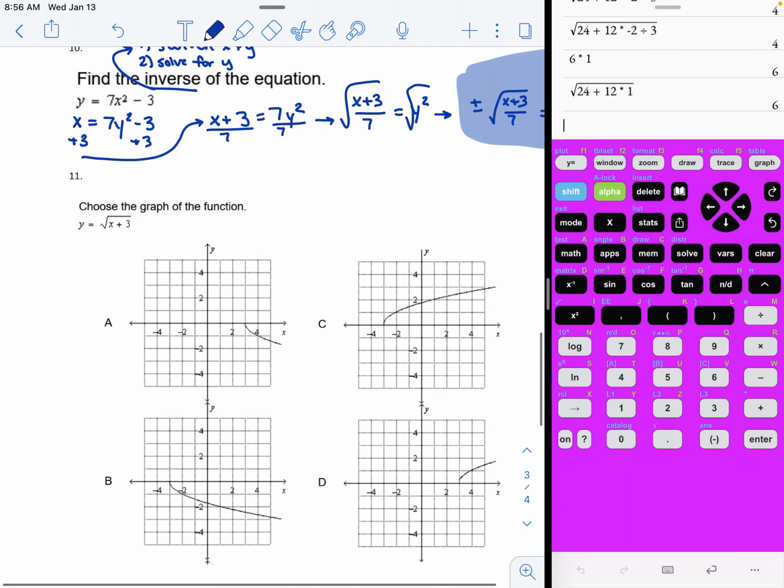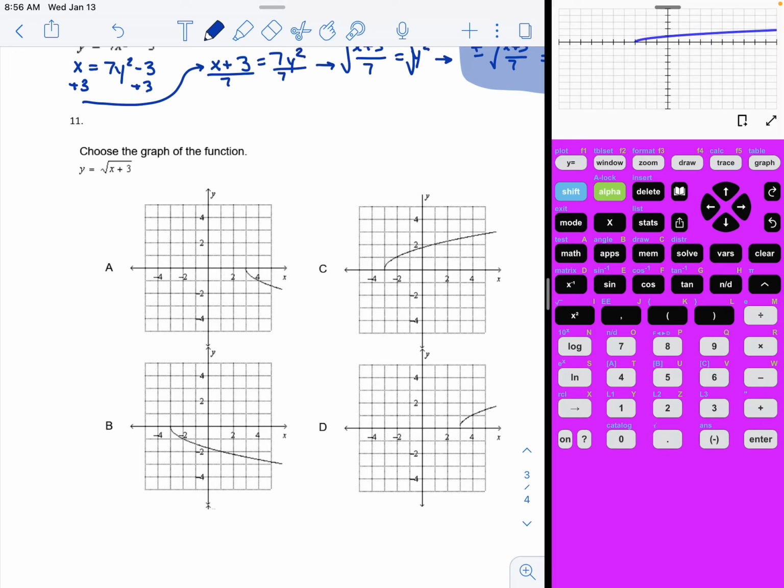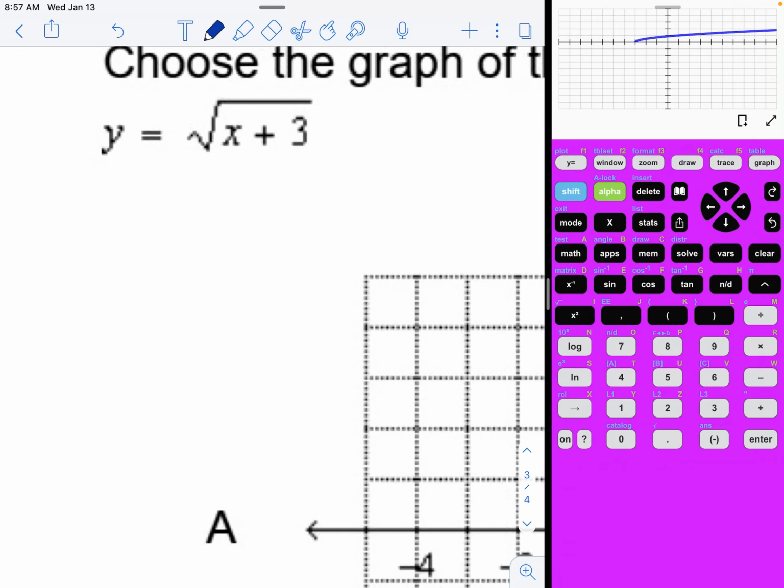Okay, number 11 is the last one. Choose the correct graph. Well, probably the easiest way to do this is to go to y equals, maybe even Desmos, and type in square root x plus 3. Hit graph. It's going to be that one. Now, in a perfect world, all of you know that a square root graph looks like this.